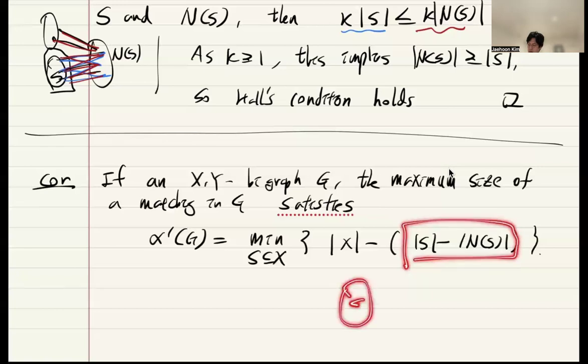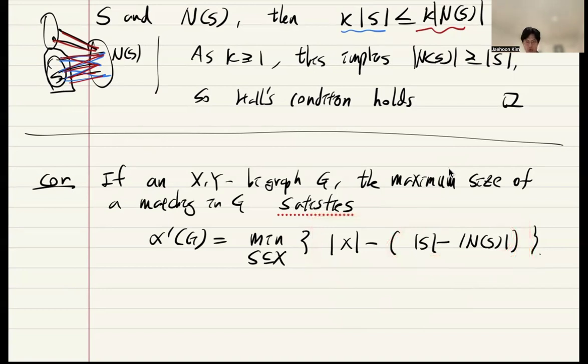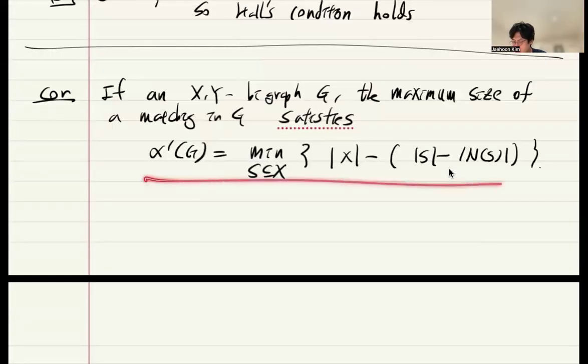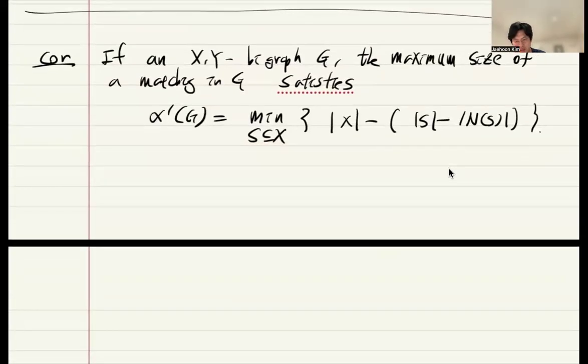When we have S, sometimes N of S is smaller, and you look at how much smaller. You try to maximize this, then you can minimize the expression. And that gives you the size of the maximum matching.